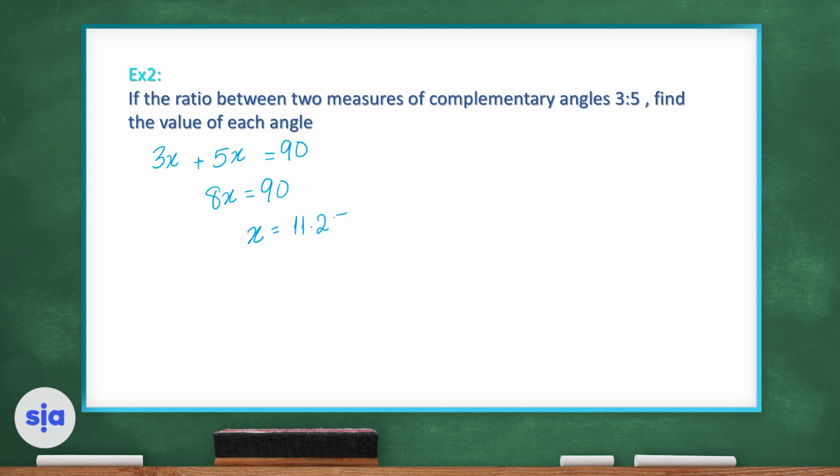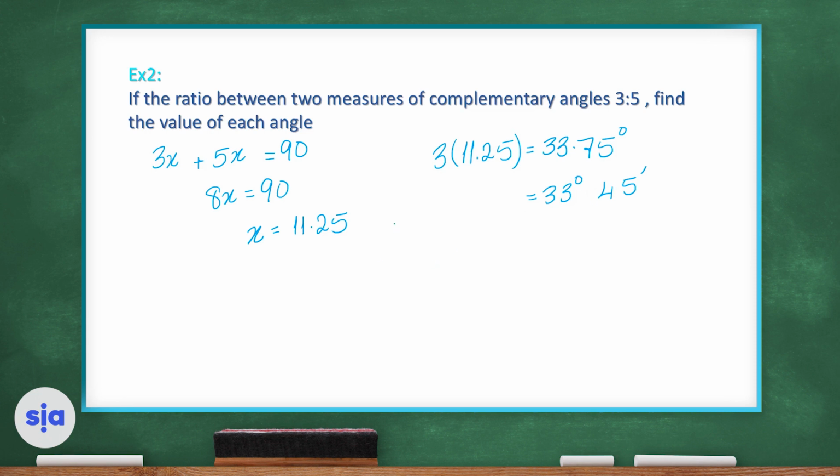11.25. To find the measure of each angle, the first angle is 3 times 11.25, which is 33.75 degrees. If you want to write it in degrees, minutes, and seconds, it will be 33 degrees and 45 minutes.